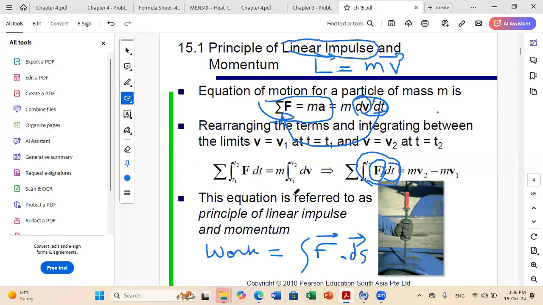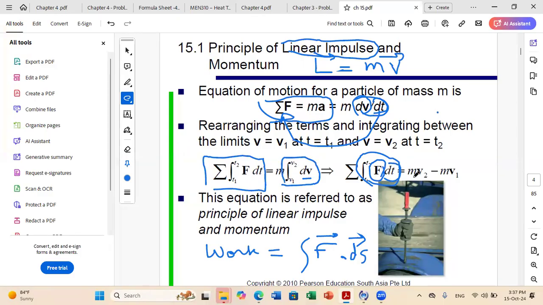If you want to integrate both sides, on this side your variable is time, so you integrate with time. You have the summation of integral from t1 to t2 of F dt equals m times the integral from v1 to v2 of dv. The integral of dv is v.